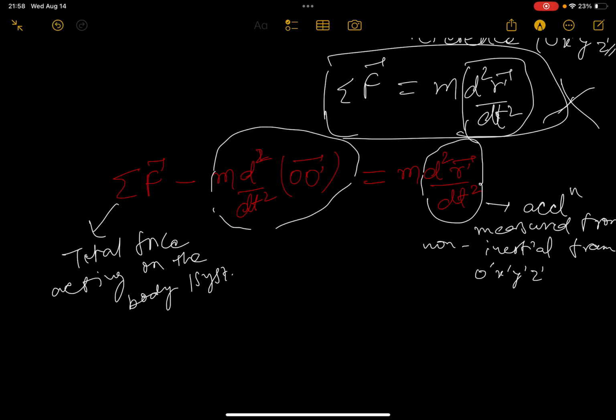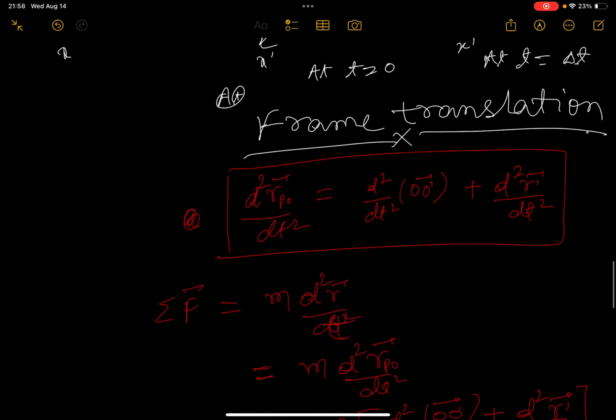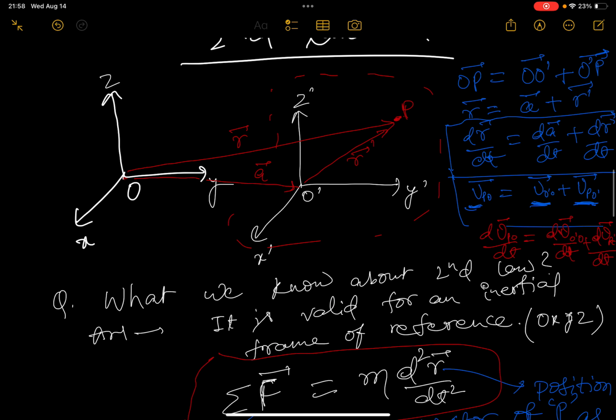So you can see that we have to add one external force. And what is this one? Let's analyze this term. You can see this one is d2 o dash by dt square.